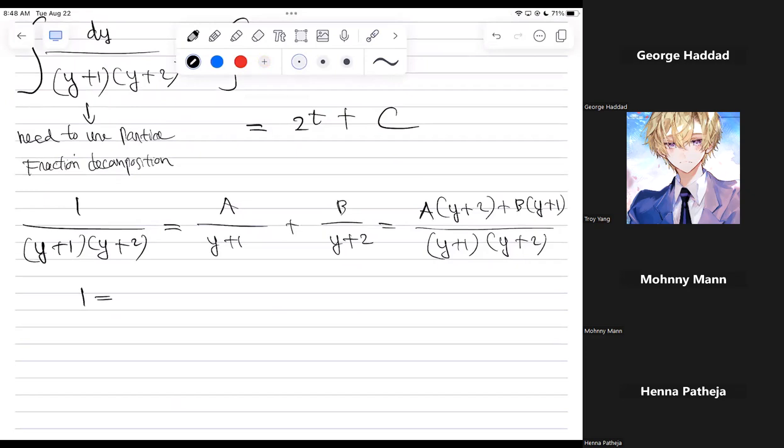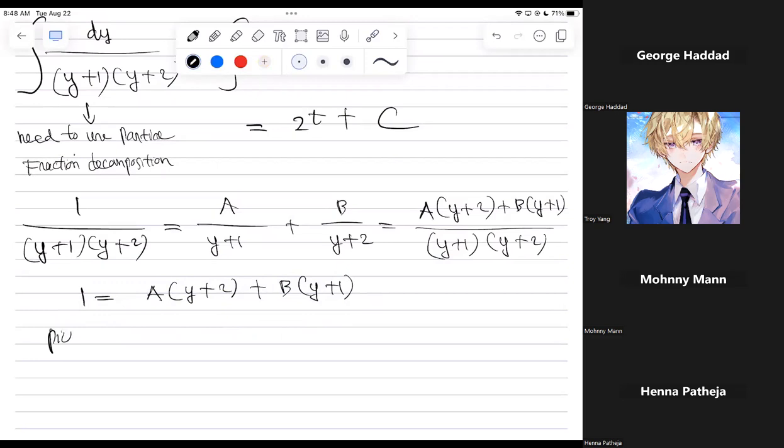The numerator has to be equal because the denominator is already equal. Remember, this is equal for all y, so we just need to plug in some easy cases. You can put y equal to -2 or y equal to -1 to kill some terms.